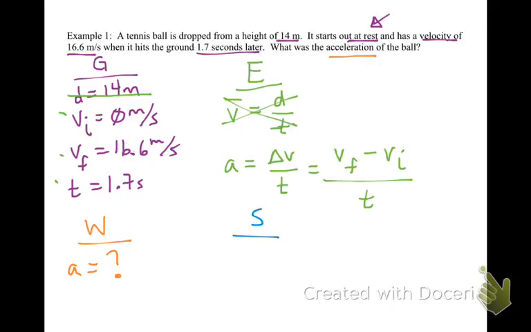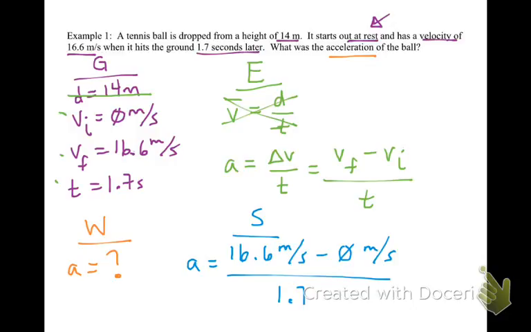So let's substitute in with our units. So we've got a equals 16.6 meters per second minus 0 meters per second, all over our 1.7 seconds. Solving mathematically, you should get an acceleration of 9.8 meters per second squared.